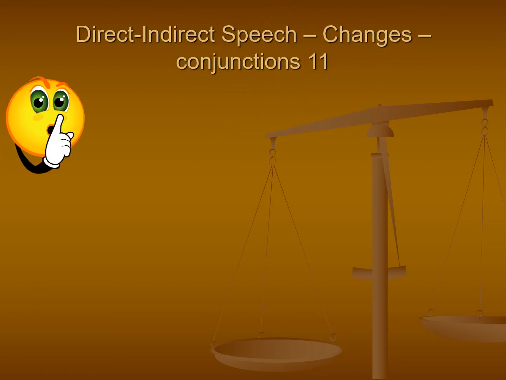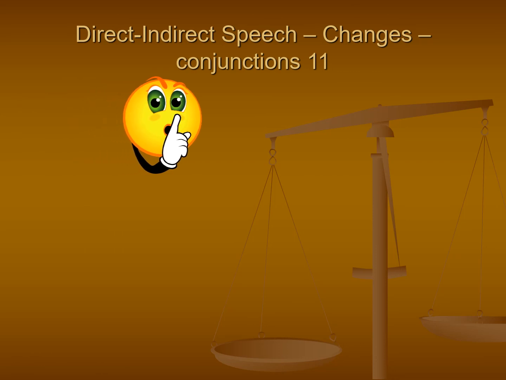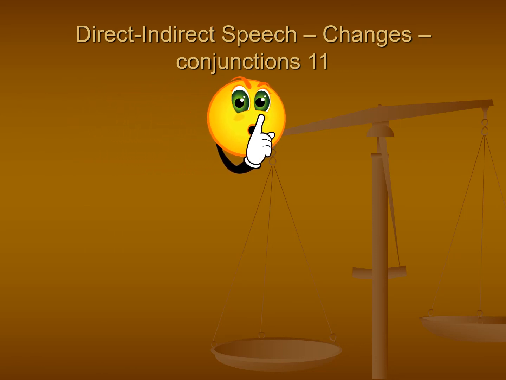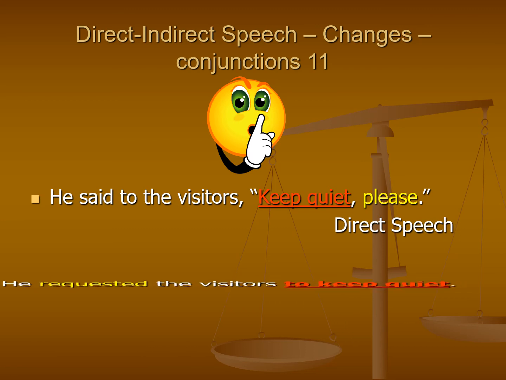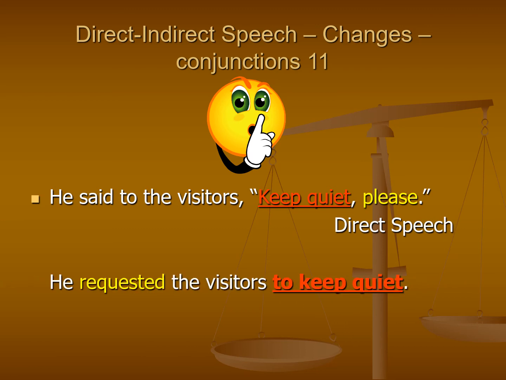Let's have a look at another example. He said to the visitors, "Keep quiet, please." It's a direct speech. When we convert it into indirect speech, it becomes he requested the visitors to keep quiet.